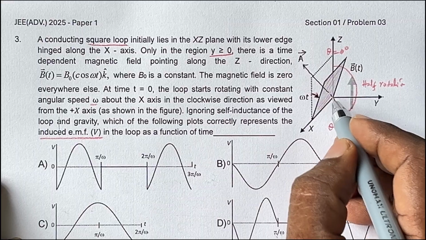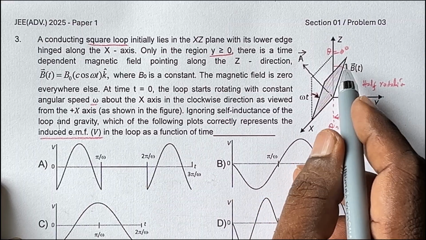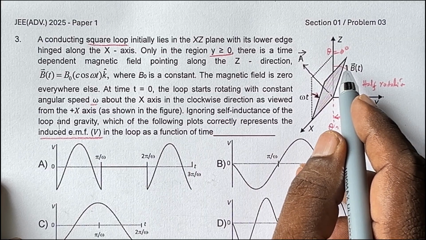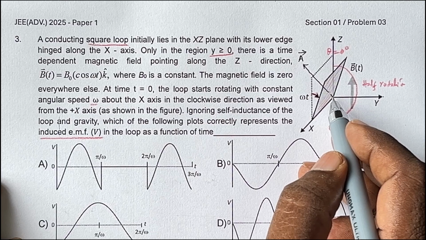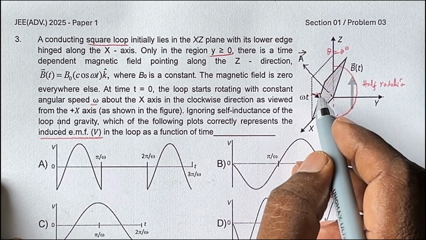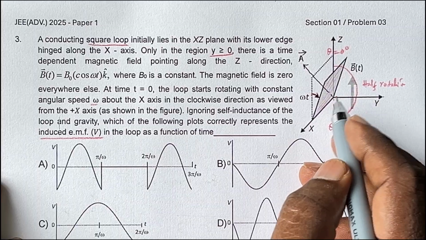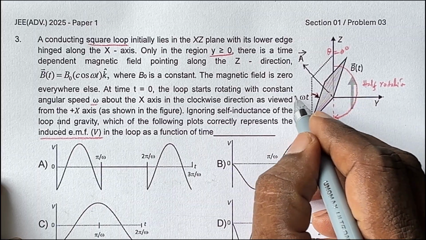So if this is the direction of the area vector, as the square loop surface, to this surface 90 degrees, this area vector is there. The surface is making angle omega t, so this is also making omega t.